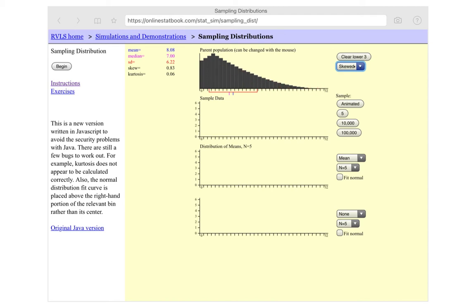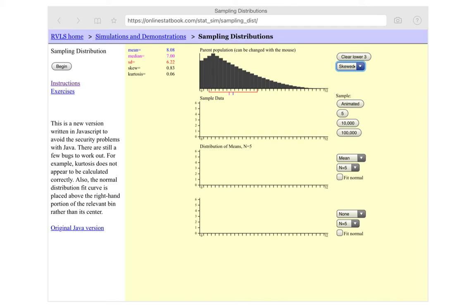Hopefully that idea is helpful. And what we're going to do is build up a new distribution called the sampling distribution by taking an average of so many points and plotting them down here. So let's make a sampling distribution where we're taking samples of 5 observations.